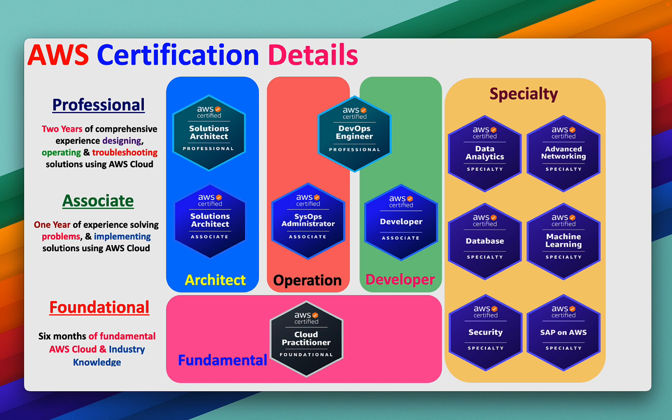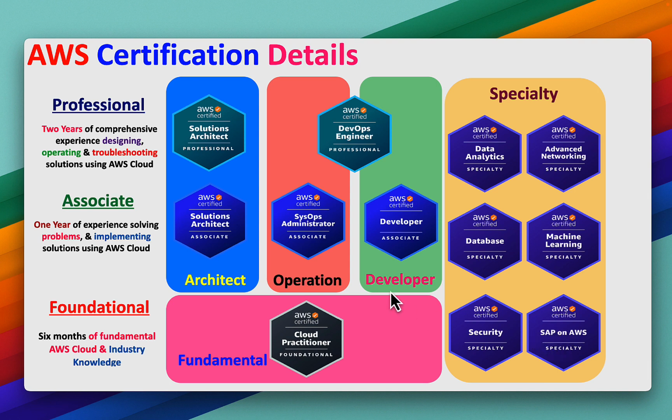So if you are a specific SAP experienced person, you should know how to migrate them into the AWS environment, what tools and services need to be used in order to migrate them successfully, and how to maintain those migrated SAP environments on AWS, which you need to hold as experience in order to appear for this certification. And it is a widely recommended certification for people who are coming from an SAP background.